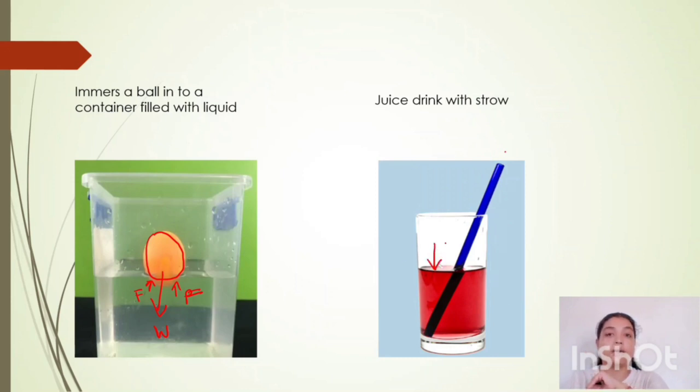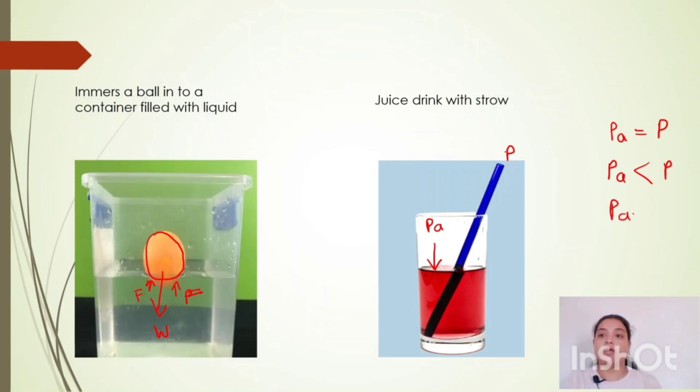On the top, I have atmospheric pressure because it is open to the air, and some pressure P that I am applying from here. If the atmospheric pressure equals this pressure, the liquid will not rise inside the straw. If the atmospheric pressure is less than this P, again there will be no rise.